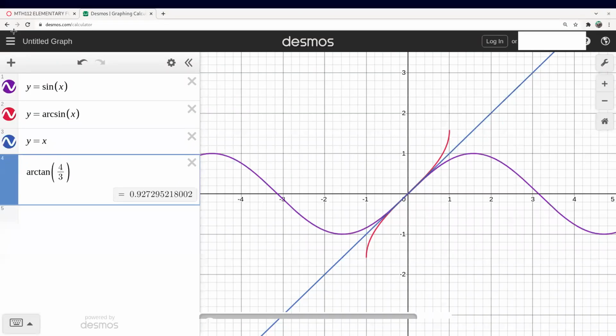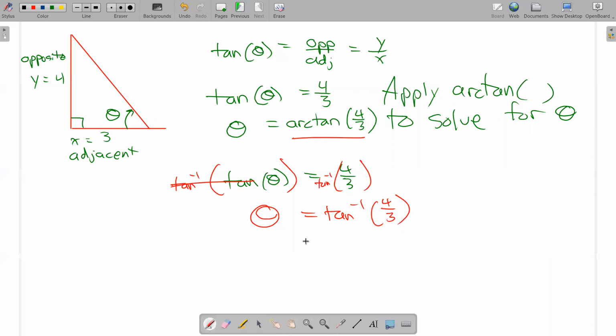So according to Desmos, that angle is approximately 0.9273 radians. If you wanted the answer in degrees instead, you could convert. That would be one option, or just change the mode of your calculator.